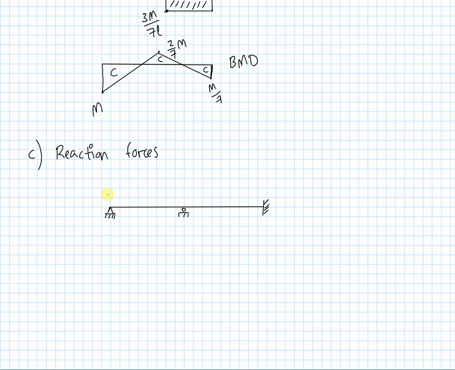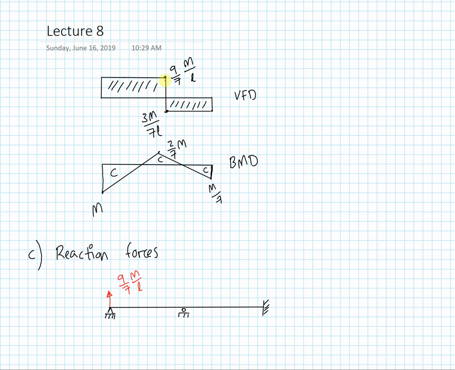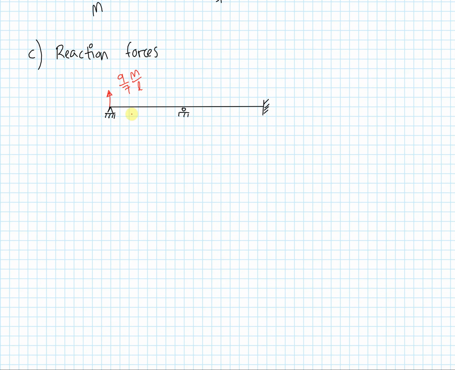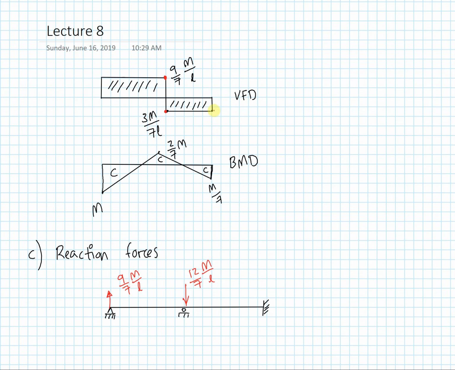If I look at the shear force diagram, I'll have a force of magnitude 9 over 7 m over L here. It's very straightforward. If I look at the vertical drop in my shear force diagram, so if I go from this location all the way down to this location, I'll have a force going down. So that's 12 over 7 m over L. And lastly, I can look at this vertical increase.